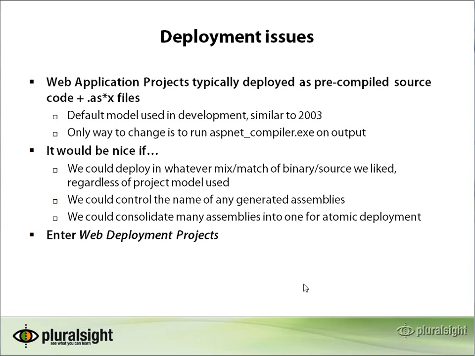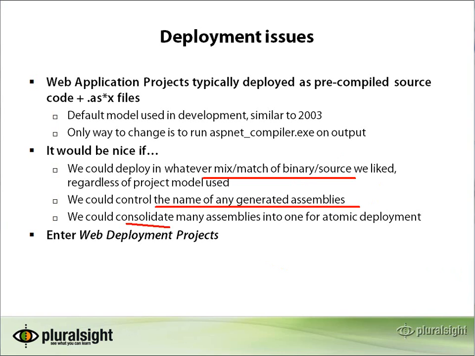And then there are other issues now that we have these two different compilation models where the web application projects only give us one deployment model. So we don't have the pure binary model like we had with the website. So wouldn't it be nice if we could deploy in whatever mix and match of binary and source we wanted to, regardless of which project type we used, and we could control the name of the generated assemblies, so we didn't have those arbitrary names generated for us.